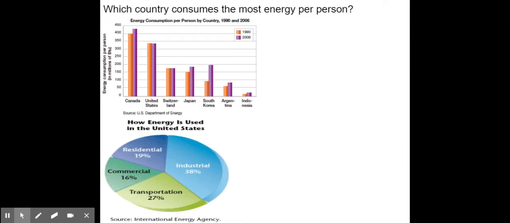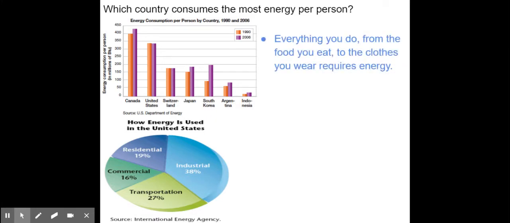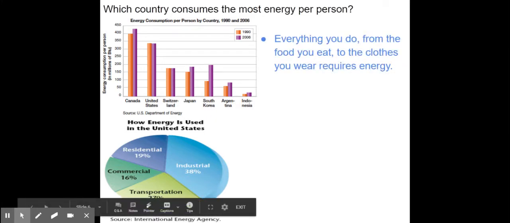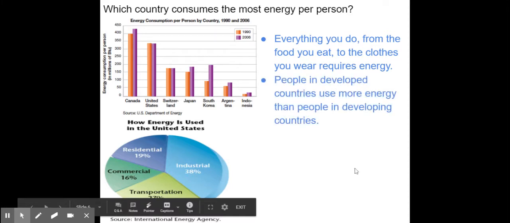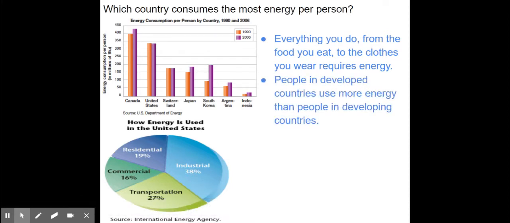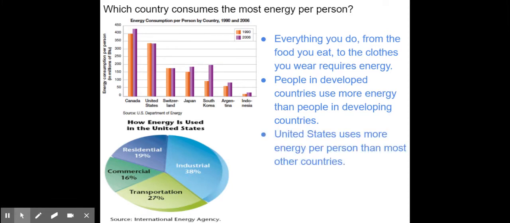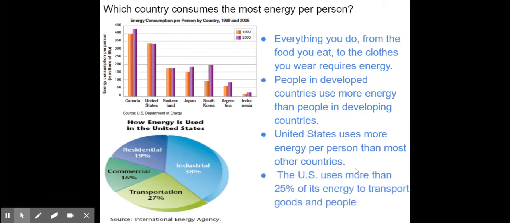Which country consumes the most energy per person? Everything you do, from the food you eat to the clothes you wear, requires energy. People in developed countries use more energy than people in developing countries. The United States uses more energy per person than most other countries.